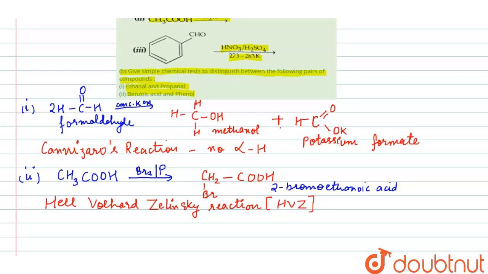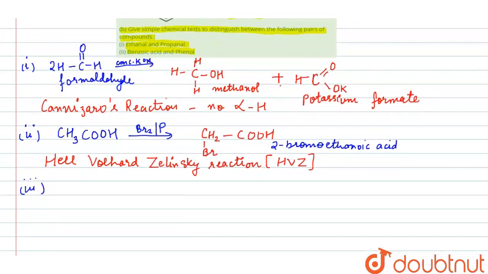And the third part of this question: the compound is benzaldehyde. The aldehyde group is there with the benzene ring. So benzaldehyde is undergoing a reaction in the presence of HNO3 and H2SO4, and the temperature is given as 273 to 283 Kelvin.